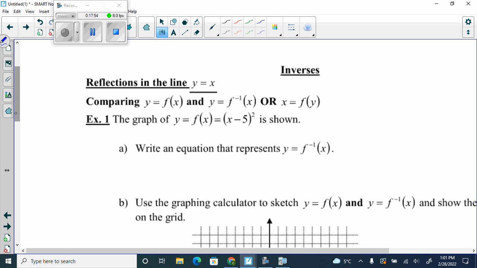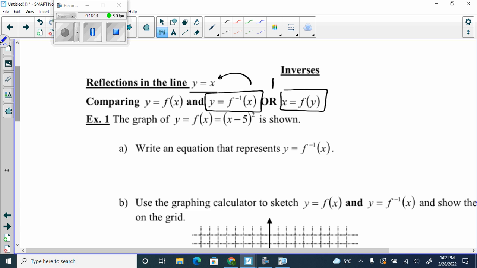Okay? So here we have, if they want to ask you for the inverse, they could ask you to find the inverse by giving you this. They could say y equals f negative 1 of x. They could say, or determine x equals f of y. Or they could say it's reflected in the line y equals x.